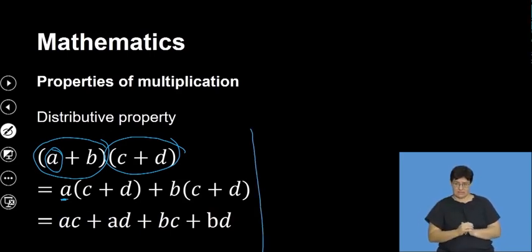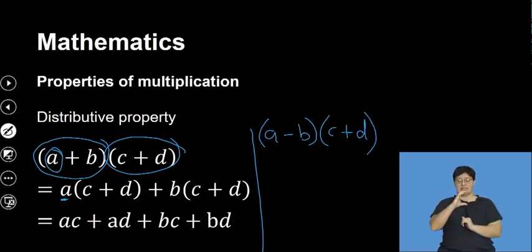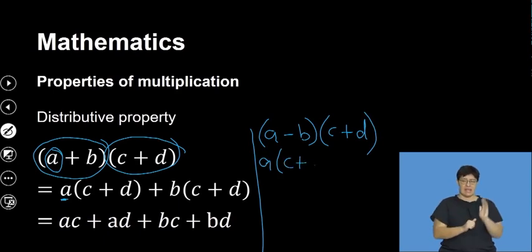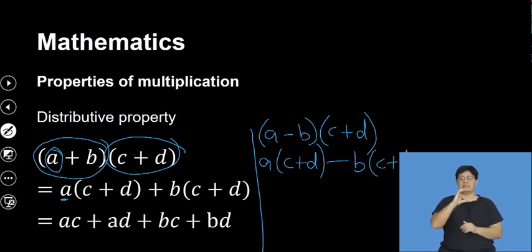Now let me show you, if the sign between the two terms of the first binomial was minus, you would still maintain that, right? So if I had a minus b into c plus d, I would still maintain this minus. So this will be a into c plus d, then minus the b open bracket c plus d, right?